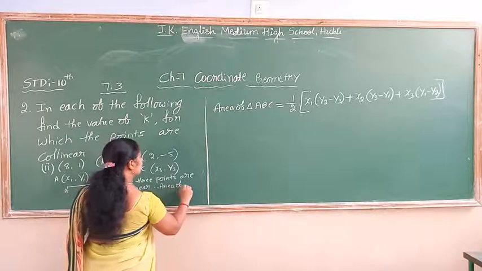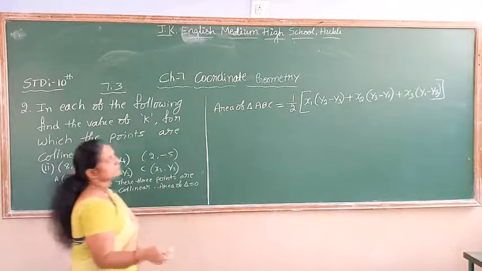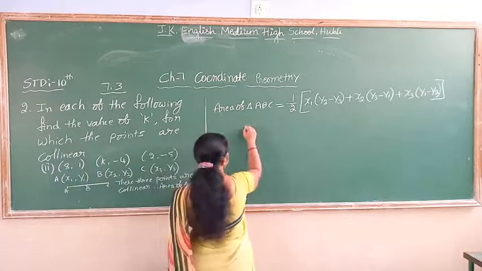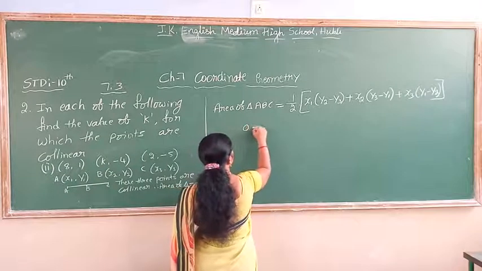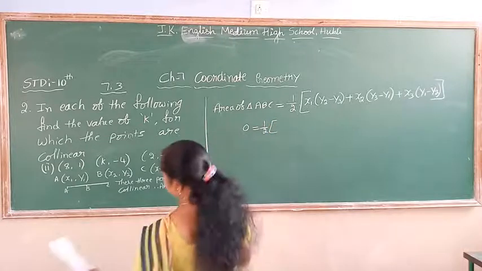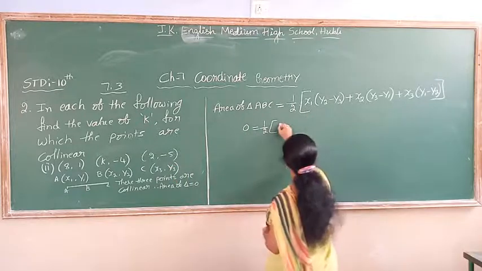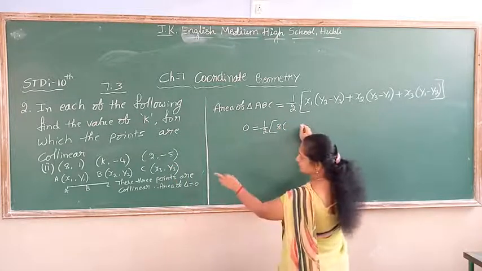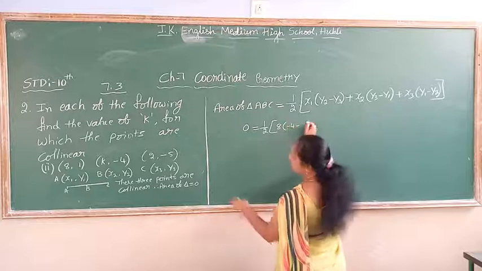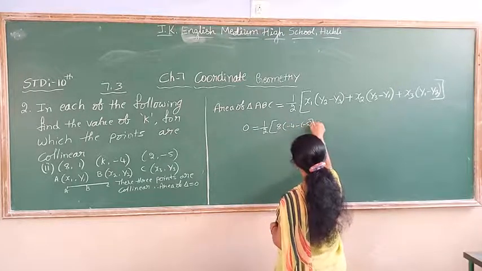We have to apply this here: area of triangle ABC becomes 0, and I am going to substitute the values. x1 value of this question is 8, y2 means minus 4, minus y3 means minus of minus 5.